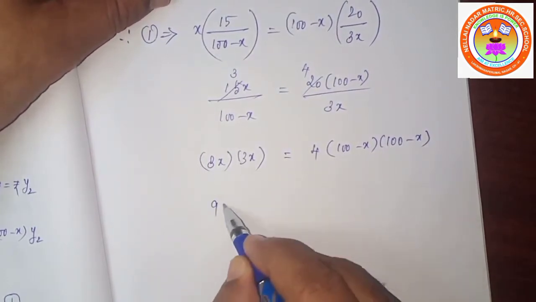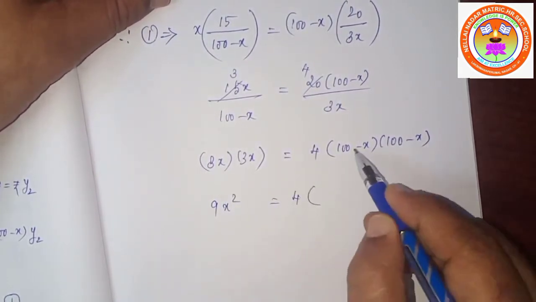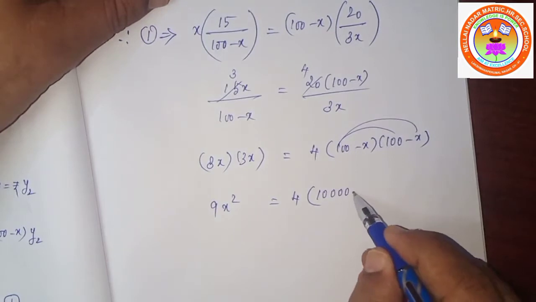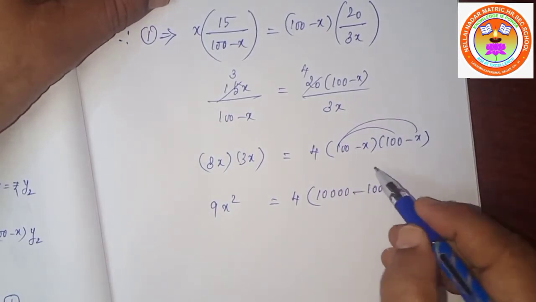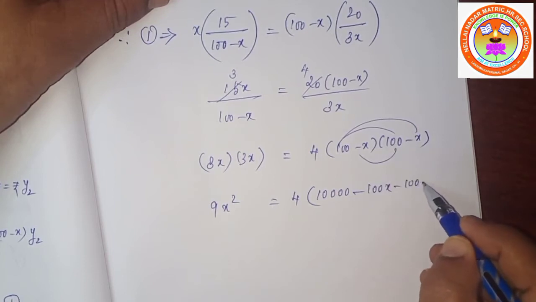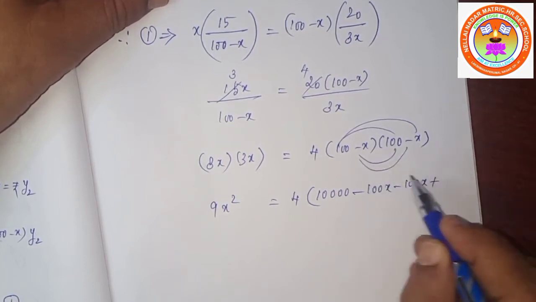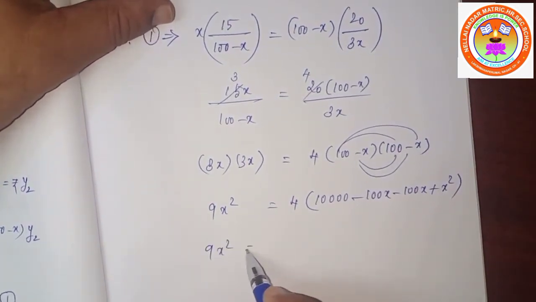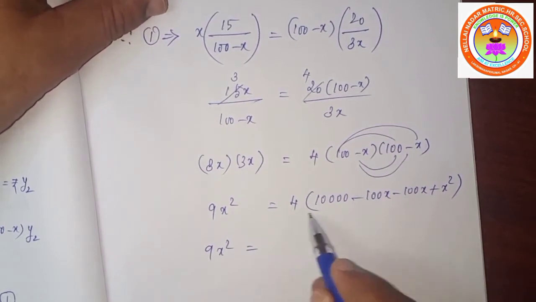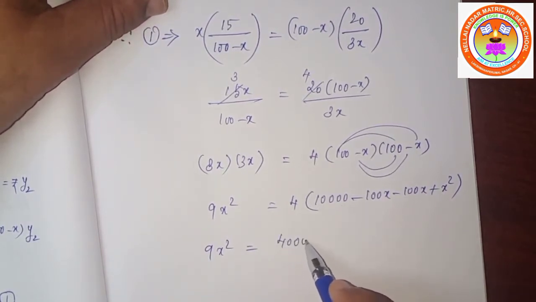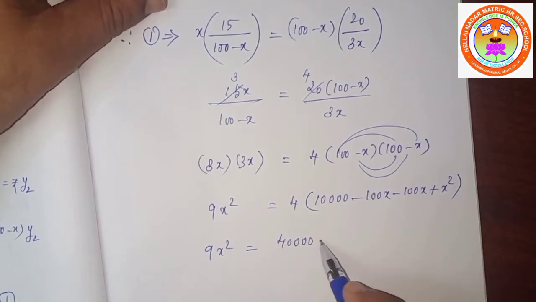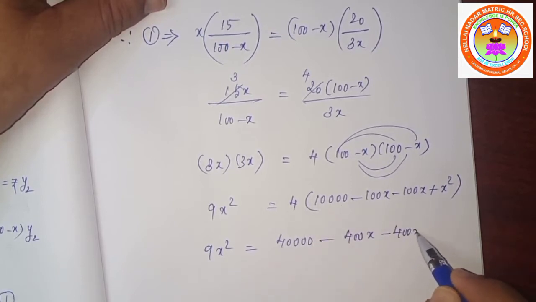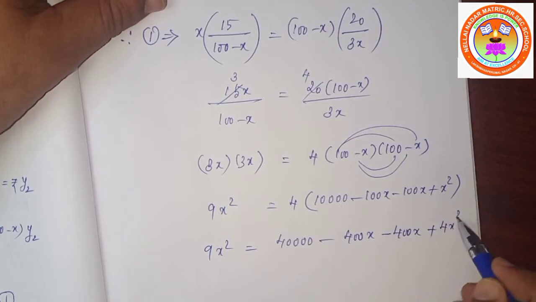3 3s are 9, x into x, x square, equal to 4 into 100 into 100, 10,000, 100 into minus x, minus 100x, minus x into 100, minus 100x, minus into minus plus, x into x, x square. So 9x square equals 4 into 10,000, 40,000, minus 4 into 100, 400x, again 400x, plus 4x square.